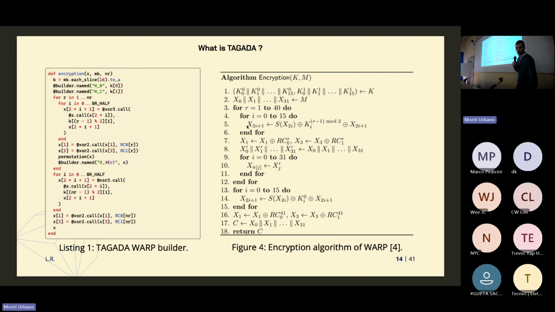You have the representation here, and you can see that the implementation is really a transliteration of the algorithm into code. You have a XOR of 3 variables, and here we have the S-box call on this variable. We use the key and the last variable. After that, we have the addition with round constants, and we have the permutation.